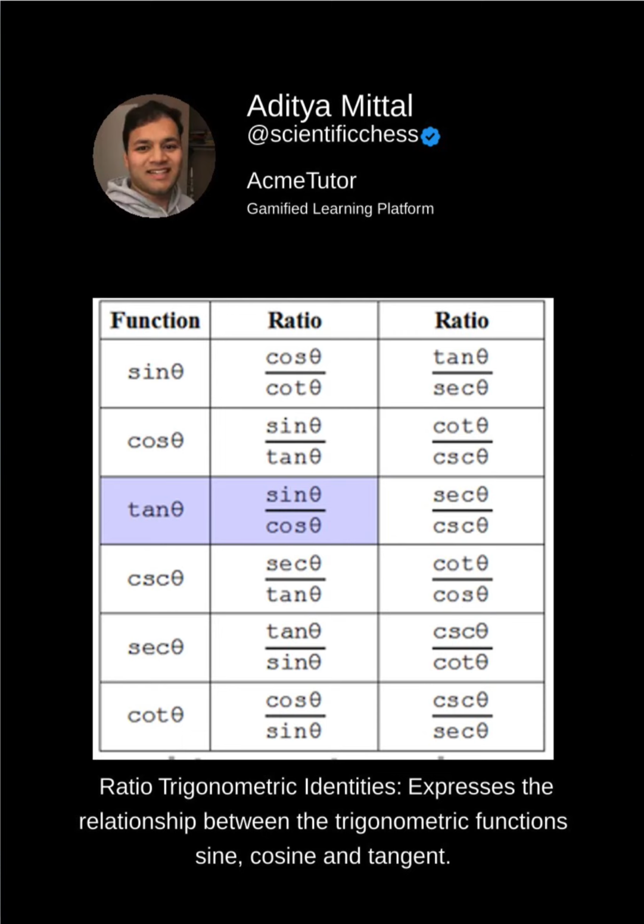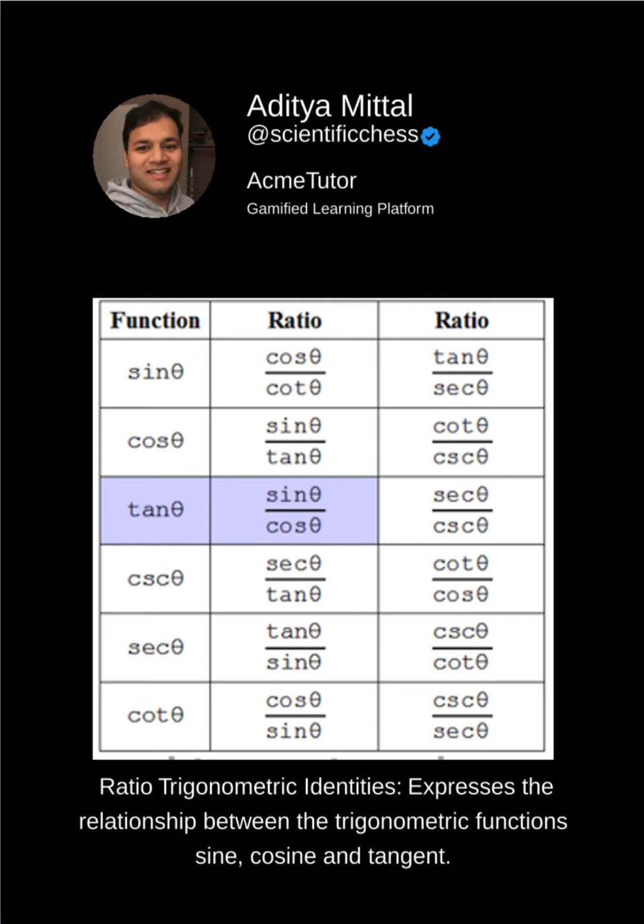Now, the next one we have here are the different ratios in the trigonometric identities. So again, you can figure these out simply by doing ratios or canceling them as well. For example, sine is opposite over hypotenuse, right?